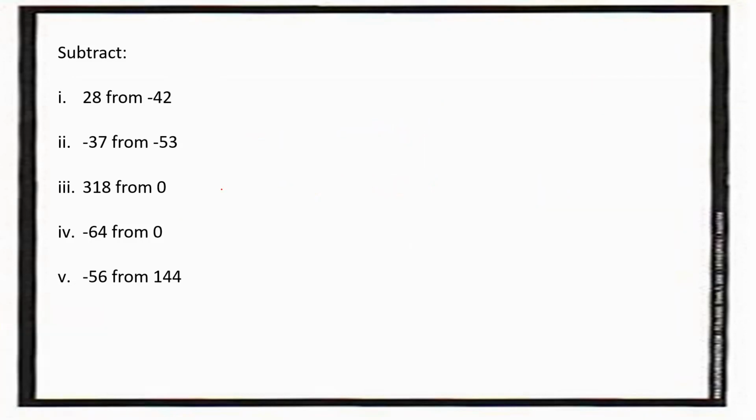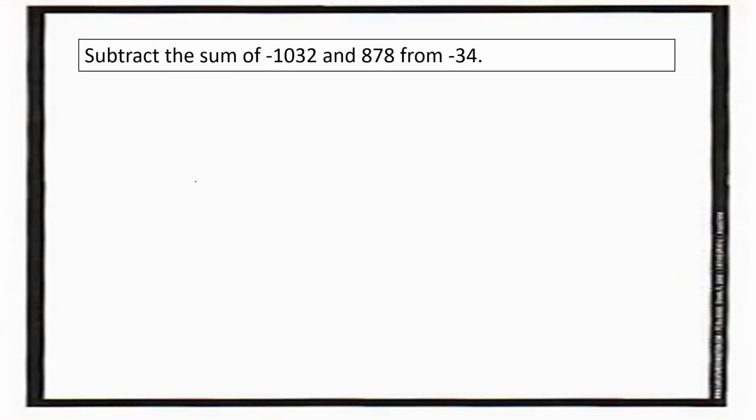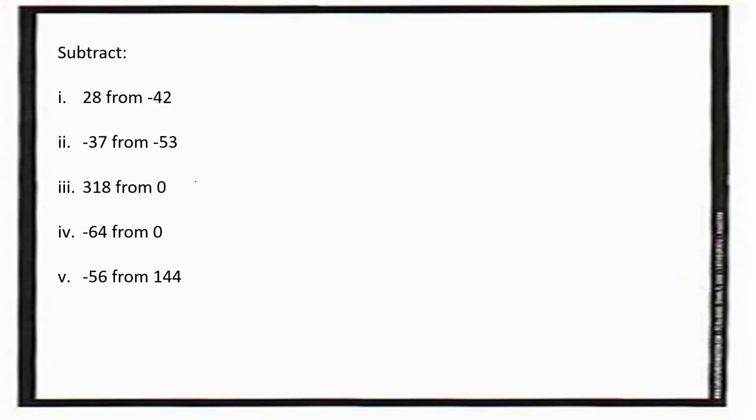Now the third question: 318 from 0. Just remember this rule: whenever you subtract any number from 0, the sign of that number gets reversed. Suppose you have 0 minus 318. 0 is after "from", so 0 will come first, and instead of "from" we put minus, and then the digit as it is, that is 318.